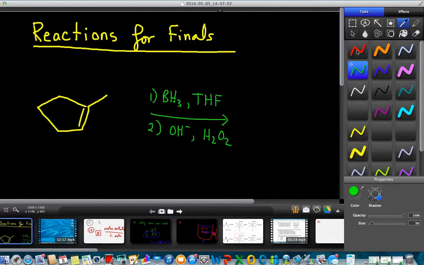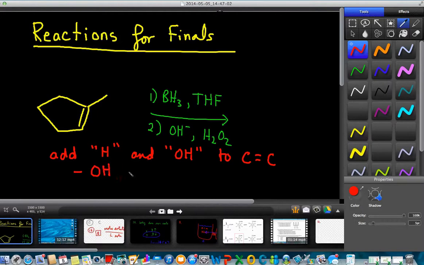So some things we need to know about this reaction. We are going to add H and OH to the carbon-carbon double bond. The OH is what we call anti-Markovnikov.